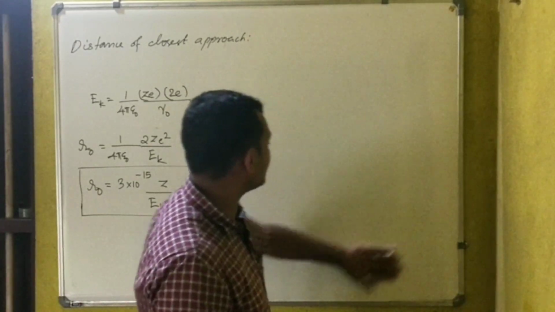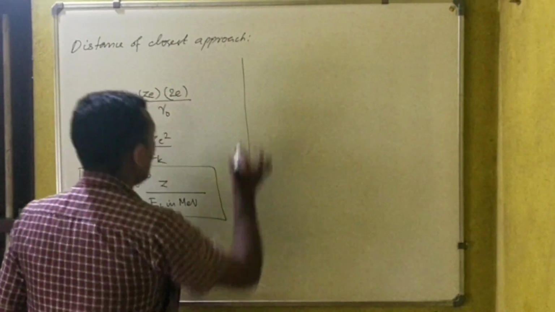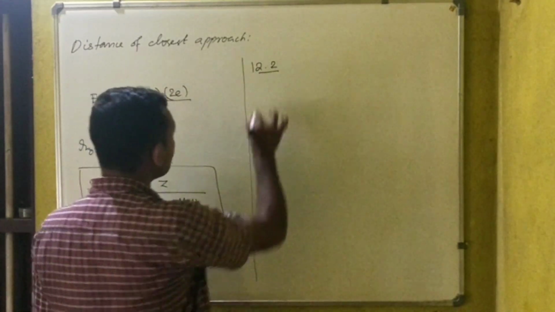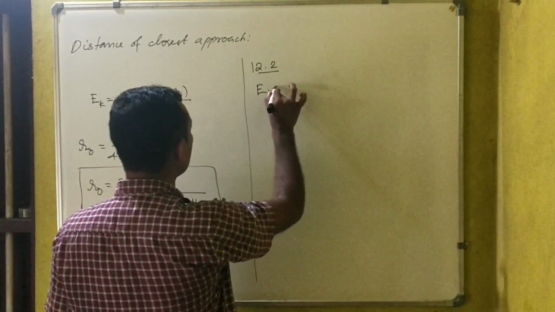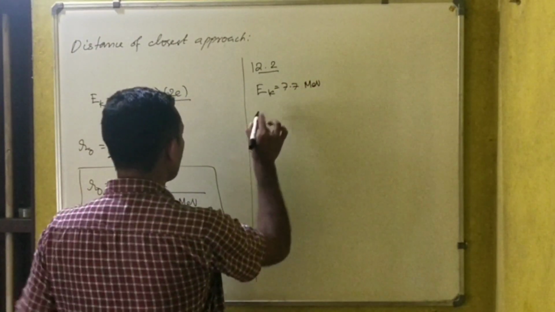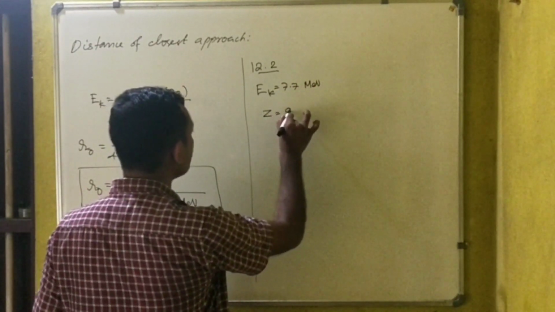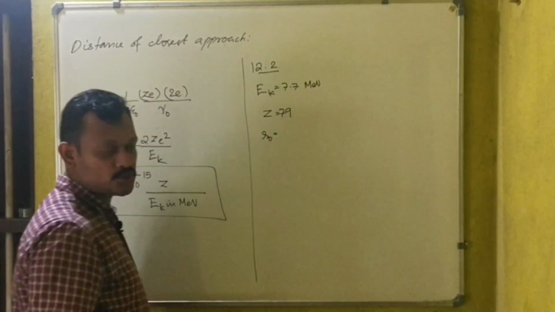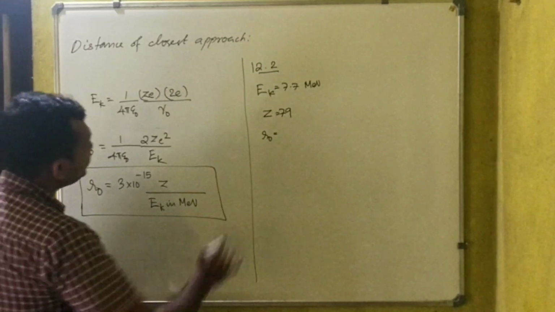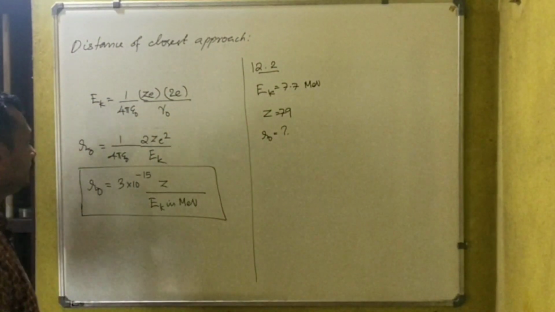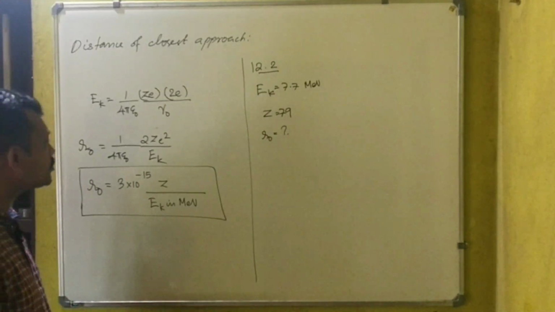We will consider an example from the NCERT book, example 12.2, where it is given that the initial kinetic energy of the alpha particle is 7.7 mega electron volt and Z of the gold nucleus is 79. You are asked to find the distance of closest approach. What will be your answer? Okay, solve it.